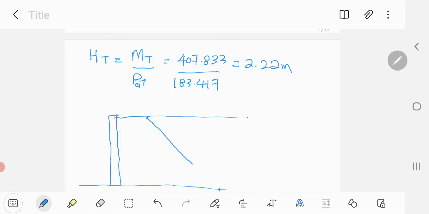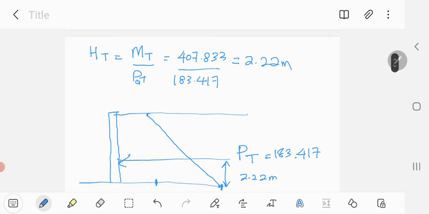So that will be the combination of the load. We have a few points to highlight so that you can put in all the information. For the combination of both elements, you get the P total, which is 183.417, and you already know the position for the combination, which is 2.22 meter from the base.